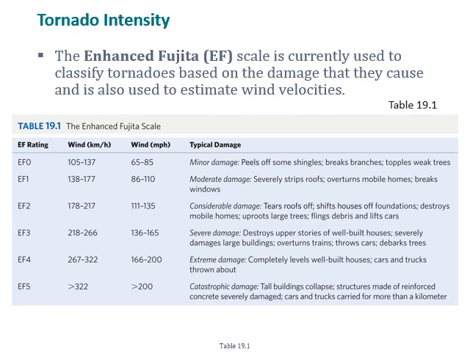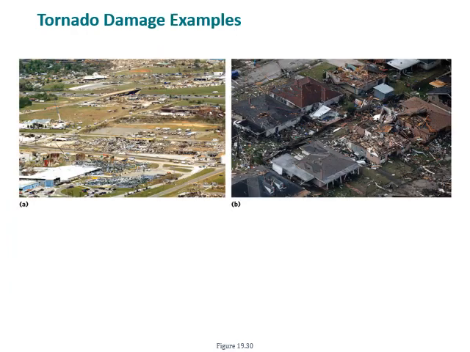So the scale runs from 0 to 5, with winds starting at 65 miles per hour and ranging over 200 miles per hour. 5 being the most damage, catastrophic damage that can cause buildings to collapse, severely damage reinforced concrete, and carry cars and trucks for long distances. Here are some pictures showing the aftermath of tornadoes.